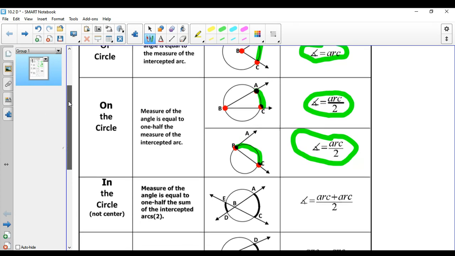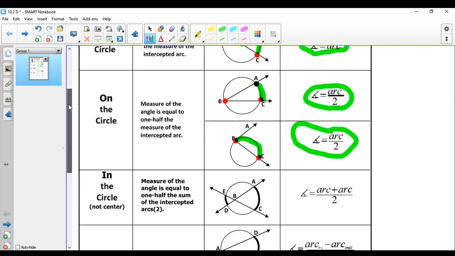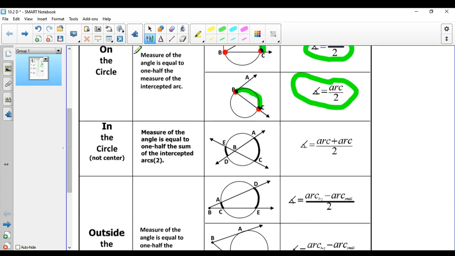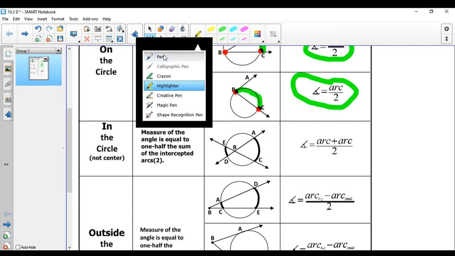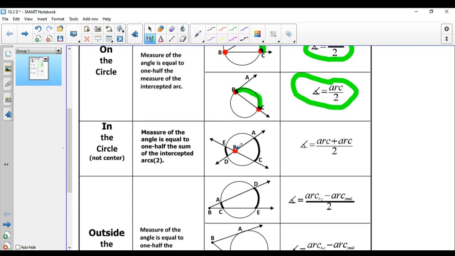Third possibility is that the vertex could be inside the circle, but not at the center. So that's what we have right here. Point B is inside the circle, but it's not at the center. When that's the case, it creates actually 2 different arcs.